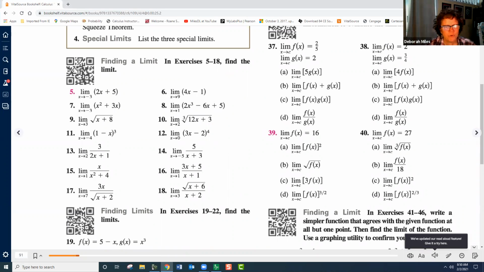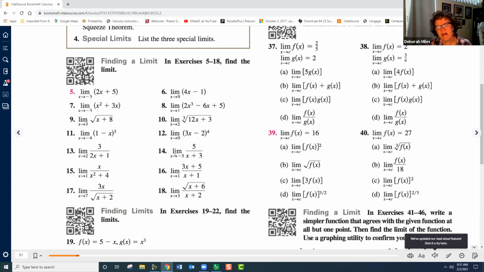All of these 5 through 18, you can find the limit by direct substitution. On number 6, just let x be 9. On number 8, just let x be 1. Number 14 can be evaluated by direct substitution because you can let x be -5.